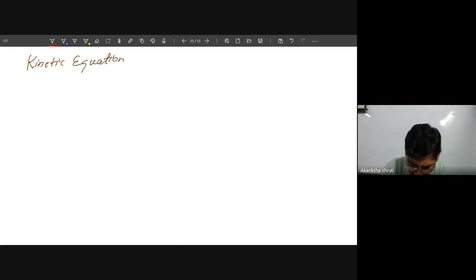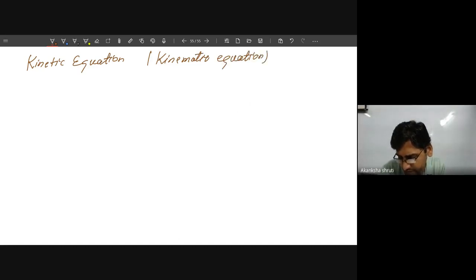So now we are going to learn the kinetic equation. Sometimes it is also written as kinematic equation. Mean the same thing. It is just foreign language. It makes no difference whether kinetic or kinematic is written.